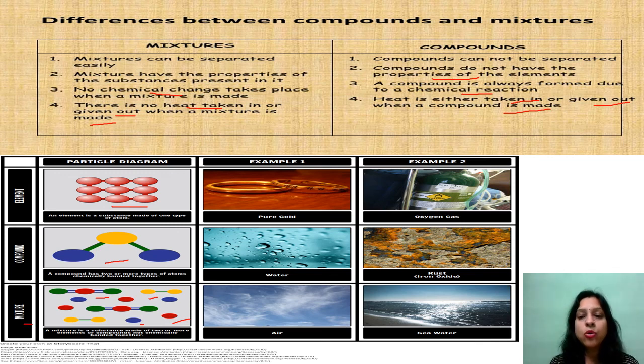And pure gold, oxygen gas, these are Au, O2, these are the examples of elements. Whereas if I'm talking about H2O, water, rust is your iron oxide, Fe2O3. ठीक है, these are the examples of compounds.